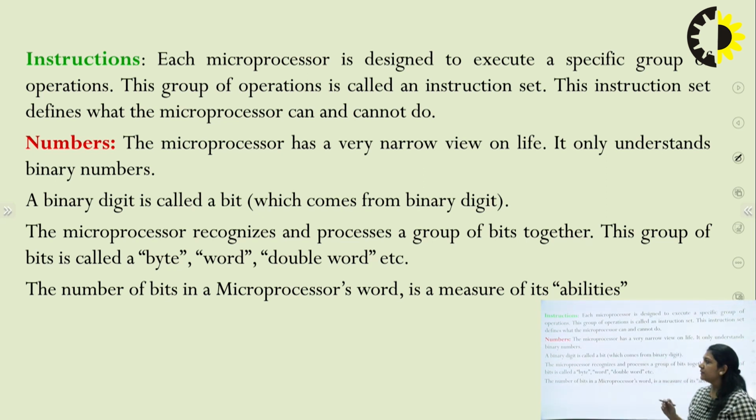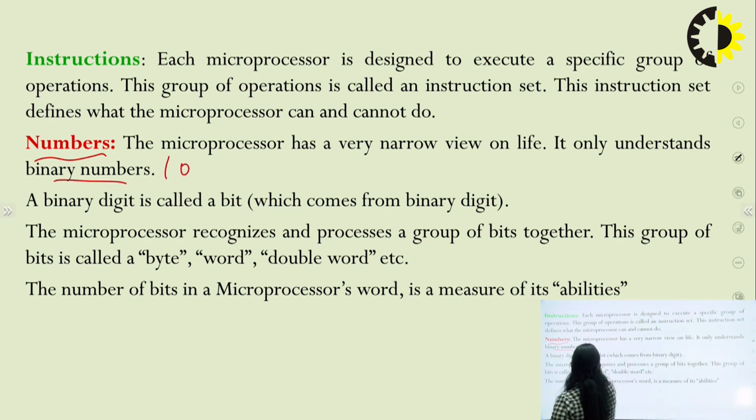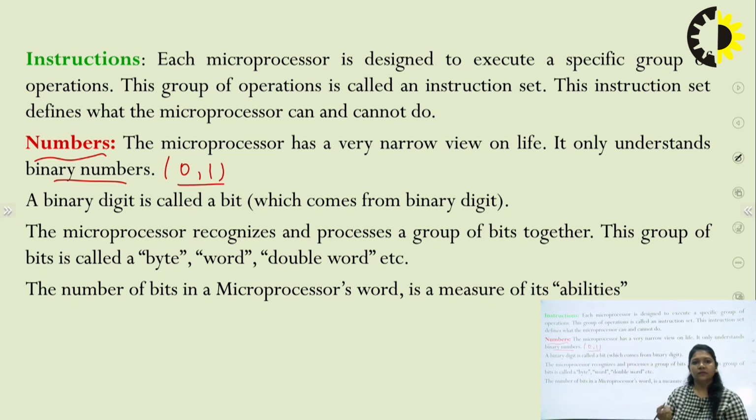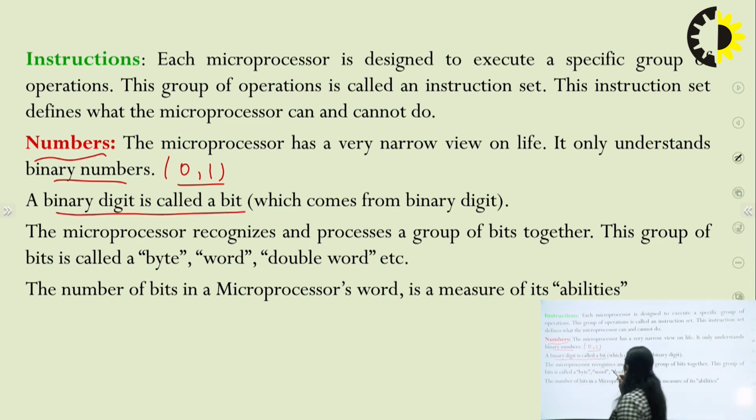Now the numbers. The microprocessor has a very narrow view of numbers. It can only understand binary numbers, which are 0 or 1, a binary digit, as we have studied earlier. A binary digit is called a bit, which comes from the B of binary and the it of digit. The microprocessor recognizes and processes a group of bits together.